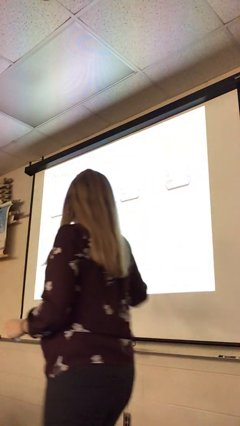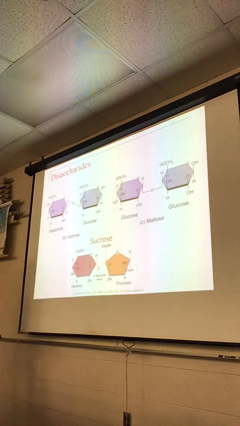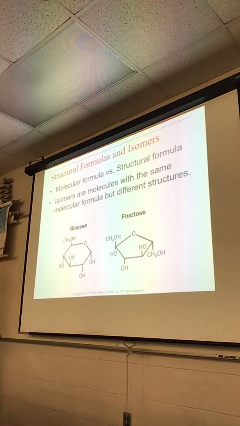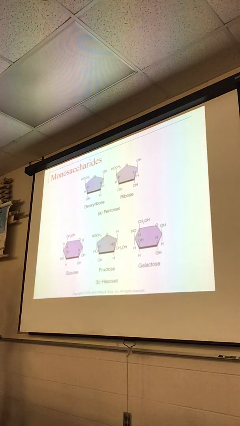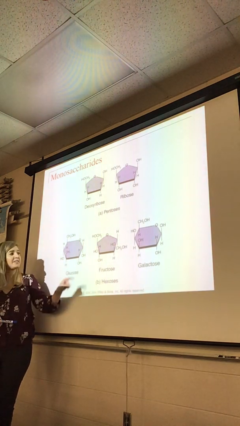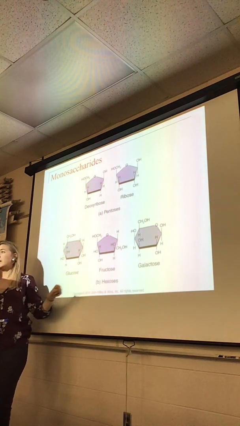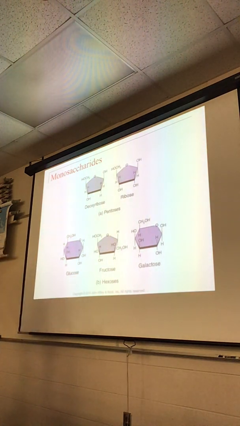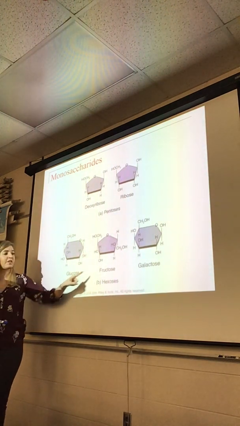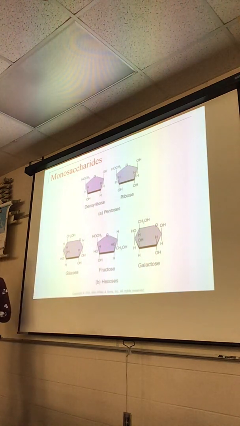Now let's look at how two monosaccharides form this glycosidic bond. Let me go back a slide that I skipped. First of all, when we look at these monosaccharides, I said know the names glucose, fructose, and galactose and recognize that they're monosaccharides. But the interesting thing is if you looked at the molecular formula, remember what the molecular formula meant? It just told you the number of atoms in each one. The molecular formula for each of these, glucose, fructose, galactose, is C6H12O6.